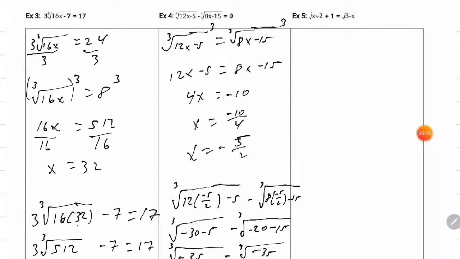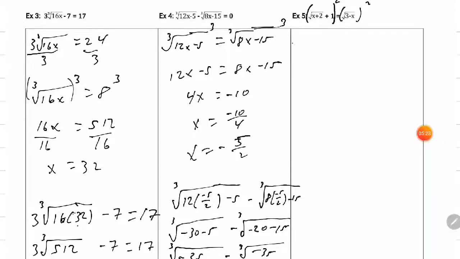Okay. So this is what it's going to look like. I'm going to square both sides, so I'm using the equation up here. Squared. Squared.